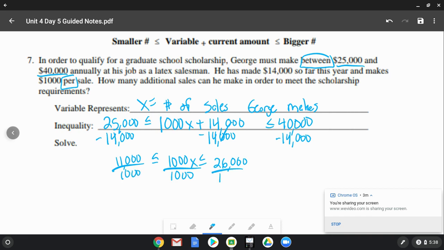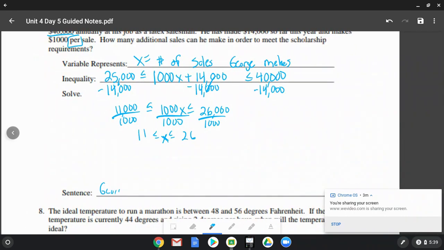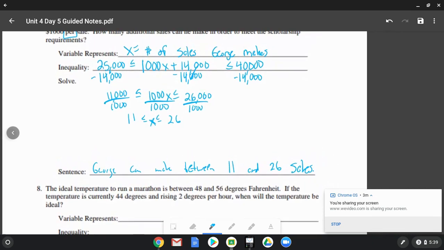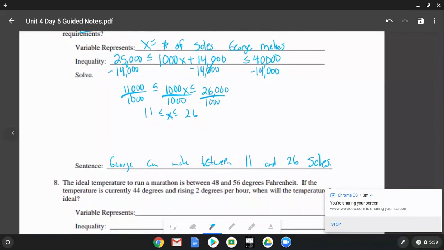So the number of sales that George can make to qualify for this scholarship would be between 11 and 26. So that would be my sentence. George can make between 11 and 26 sales. So that would be one where you have a total and you have a multiplier all in the same question. So those are the toughest ones.